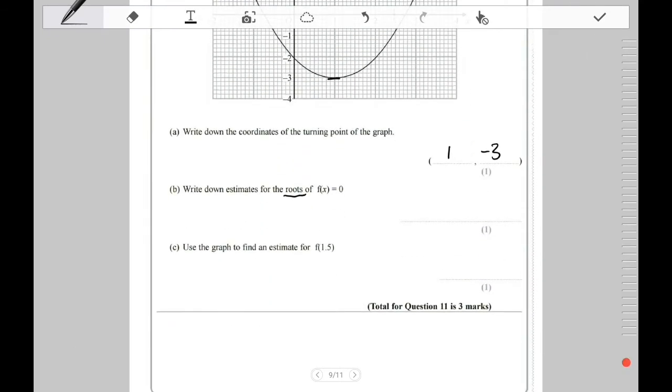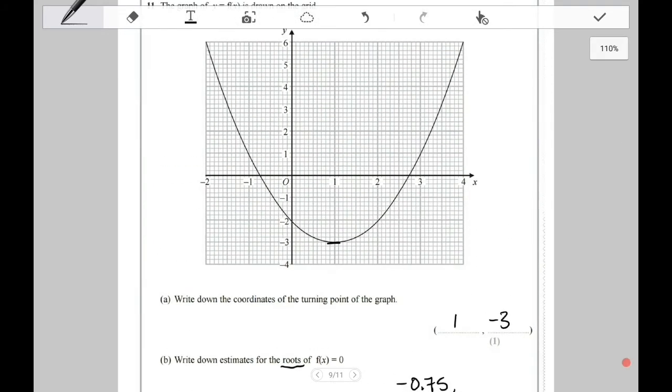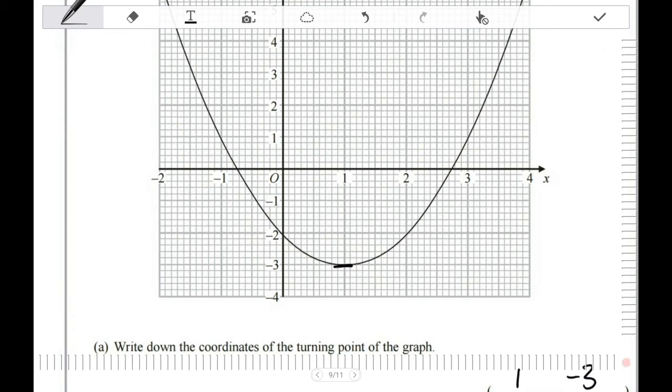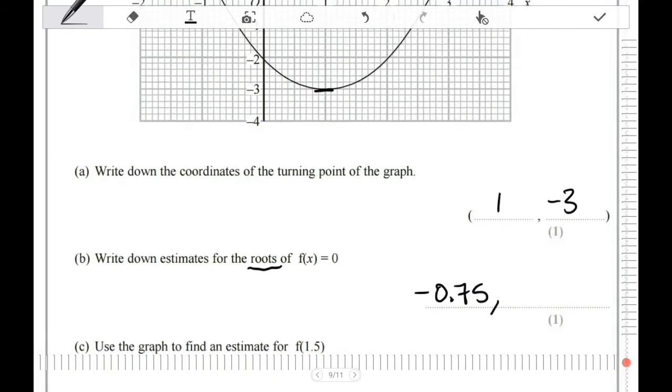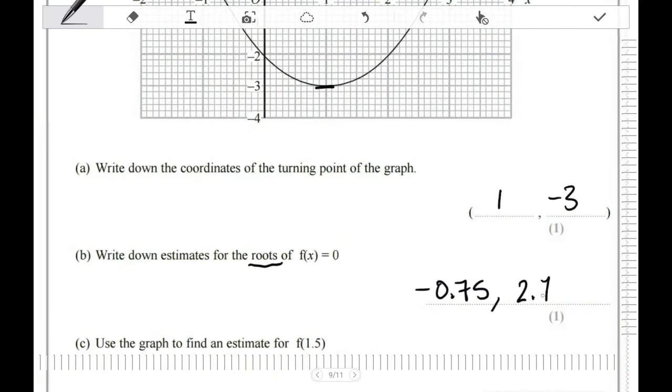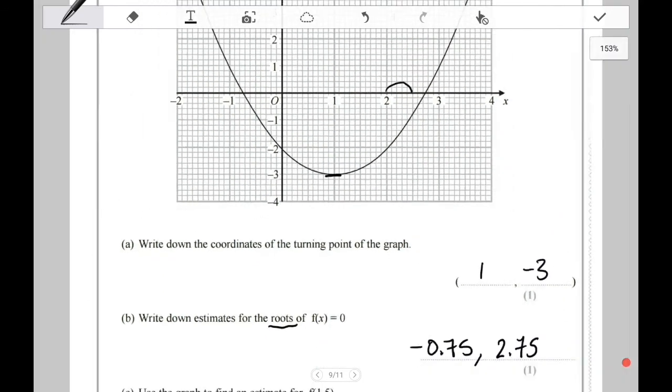So minus 0.75. And we can go here with, so this is 2.5 here. So this is 2.5, then 2.6, 2.7, again, so 2.75.